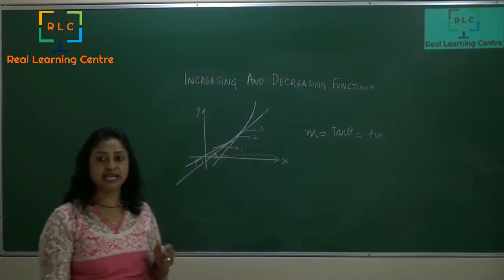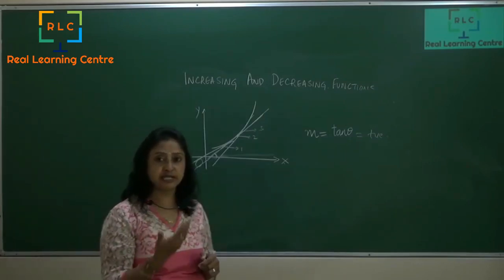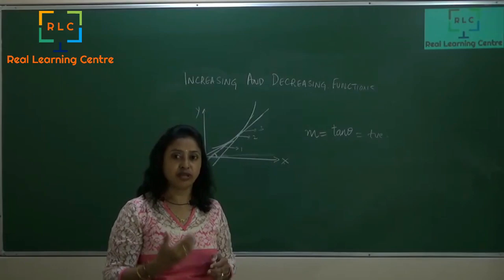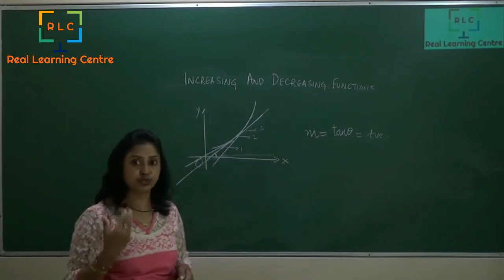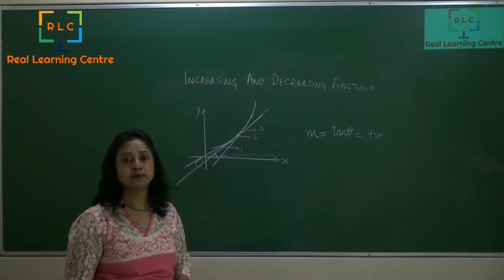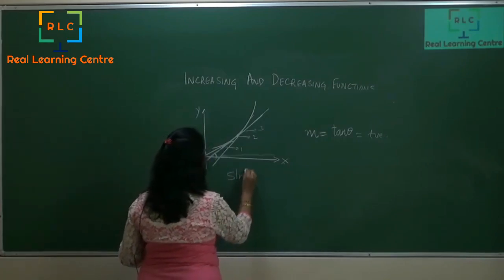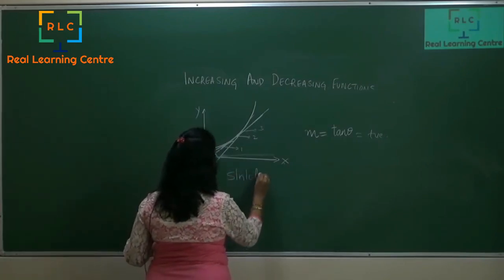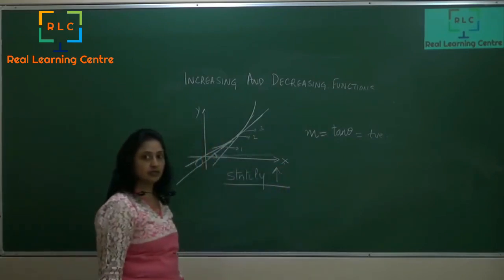So whenever the tangent value, that is the m value, is increasing, then we say that the curve, for every different point, is increasing and increasing and increasing. So it is a strictly increasing function. For every point it is increasing. So we say it is a strictly increasing function.